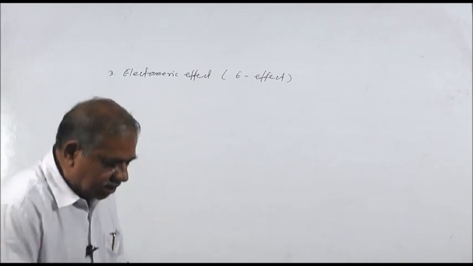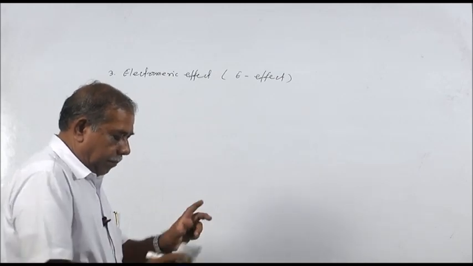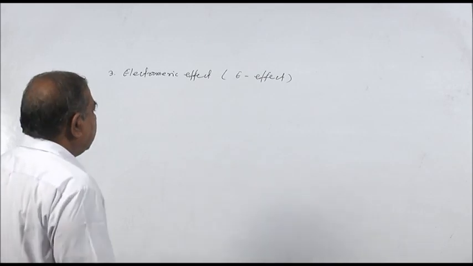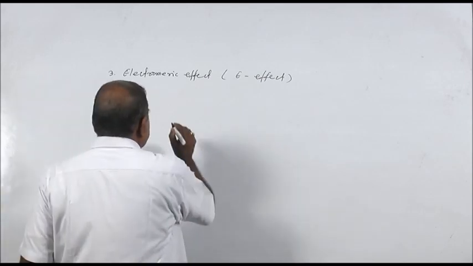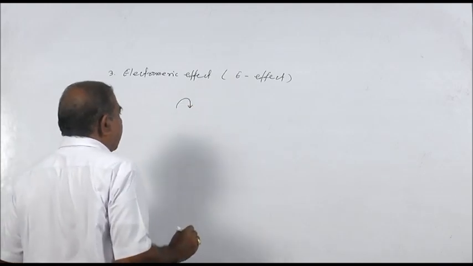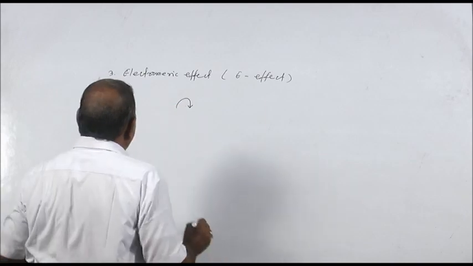So long as the charged particle is present, you can feel this shifting. But when the charged particle is removed, it will regain its original position. It is a temporary one, shown by a curved arrow from the atom from which the electron is shifted to another one.